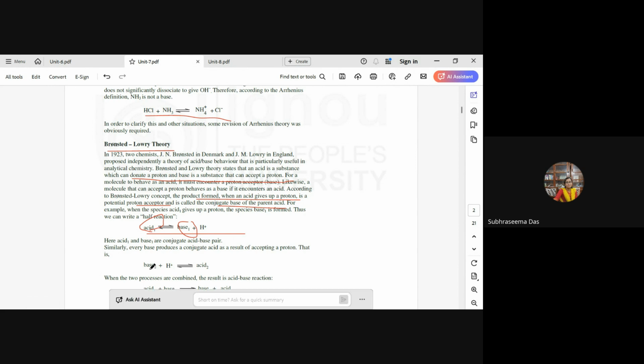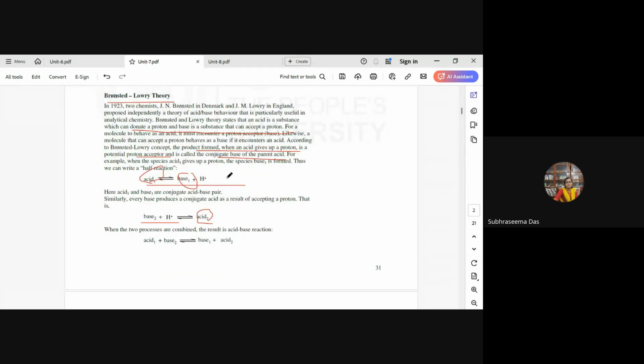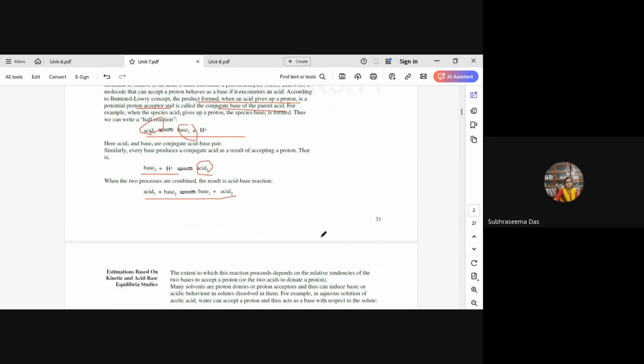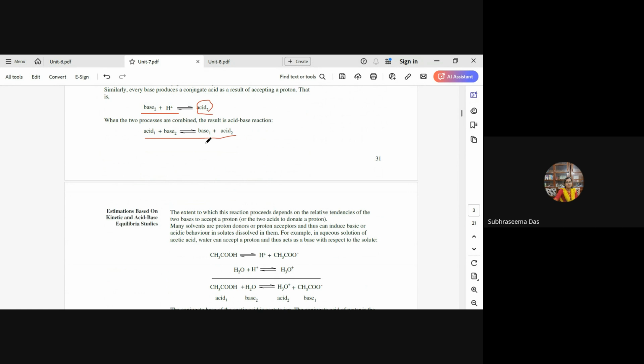That is, base 2 accepts a proton to form acid 2, so base 2 and acid 2 are a conjugate acid base pair. Combining these, we can write acid 1 plus base 2 gives base 1 plus acid 2. This is a conjugate acid base pair reaction.